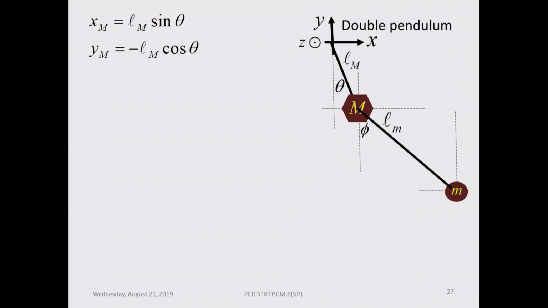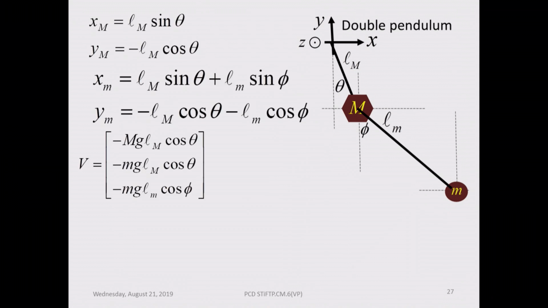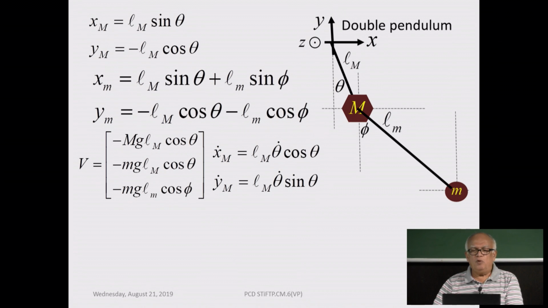So this is the double pendulum. You can go ahead and set up the equation of motion. You need the Lagrangian, which is T minus V. Once you have the positions, you know what the gravitational potential is, because the gravitational potential depends only on the position. So we have got the positions of both the masses, and you get the potential for the whole system.